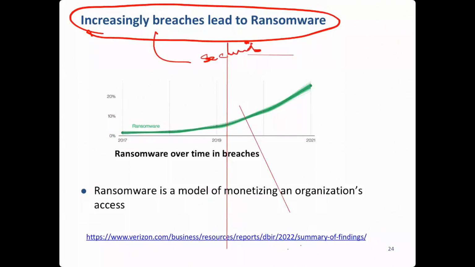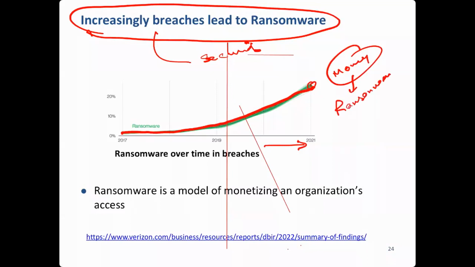And increasingly we see breaches where cyber criminals get into the system, and as time is passing, more and more are because of money. This type of breach is called ransomware, where the idea is to take money out from the company to undo the damage.